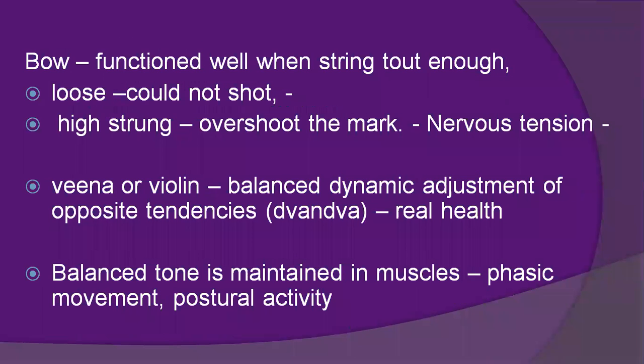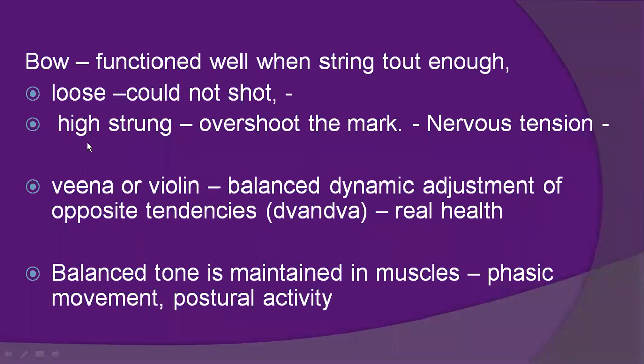So again, one more analogy, the bow. It functions well when the string is taut enough. If you take the bow, it functions well when the string is taut enough. So if it is very loose, you cannot shoot anything. If you are not at all active, you cannot shoot anything.